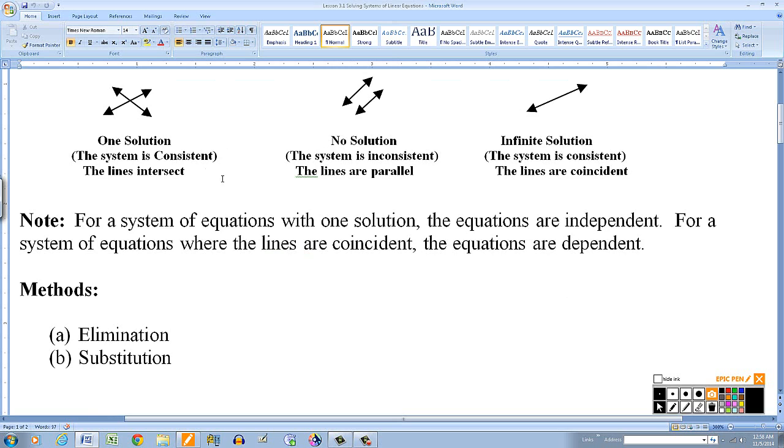The focus here is going to be on elimination and substitution. And I do have a video where I show you how to solve systems on the TI-83 graphing calculator. So if you have some online assignments that are, say, multiple choice where you don't have to show your work, you can solve a lot of these problems on your graphing calculator very easily.